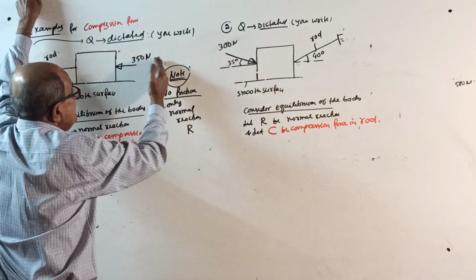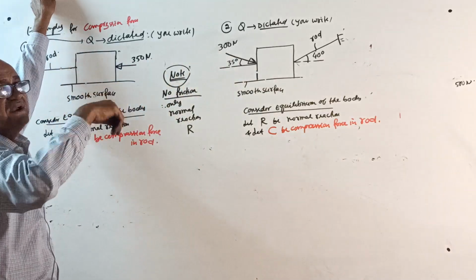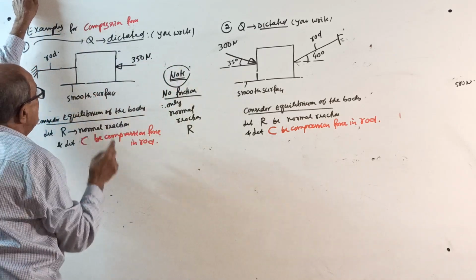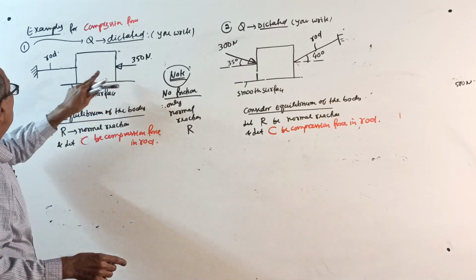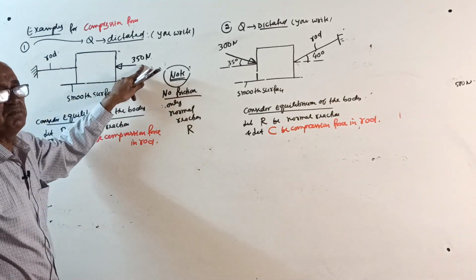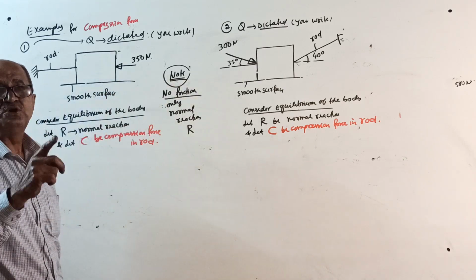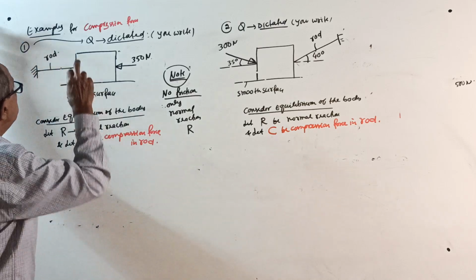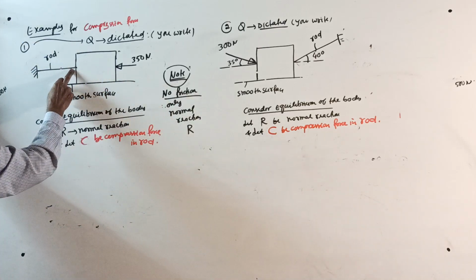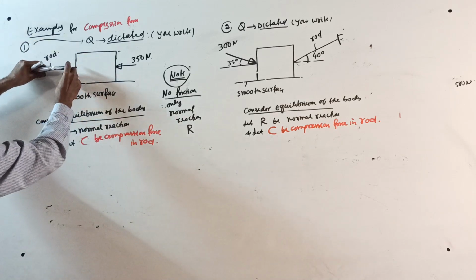Now, no, this way. Last time the force was trying to move right side. Now it is trying to move left side, 350 Newton, smooth surface. Then the question is, find the compression. Now, to prevent the body from moving, a rod is attached on the other side. See, some rod, this way.